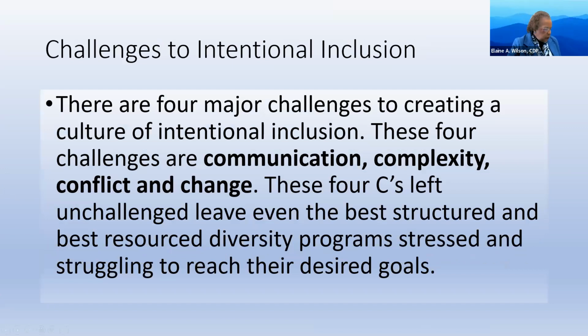One of the things that we all find is that there are some challenges to creating a culture of intentional inclusion. And those things are communication, complexity, conflict, and change. We find that we must be involved with communicating with all people at all times.